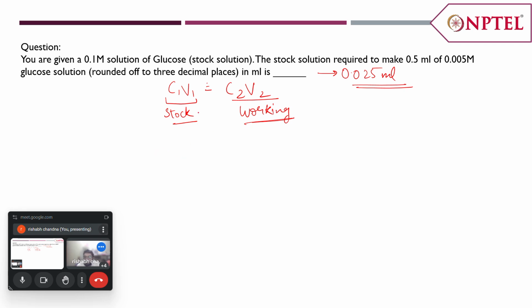So stock means that it will have higher molarity or higher concentration. We prepare some amount, and from that we can prepare smaller amounts of working stocks that will be directly used for the experiment.